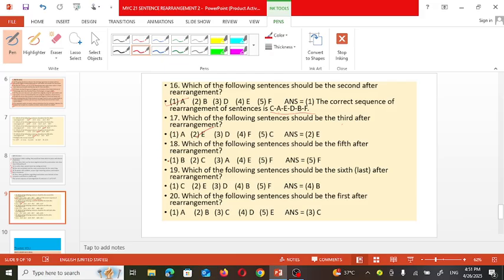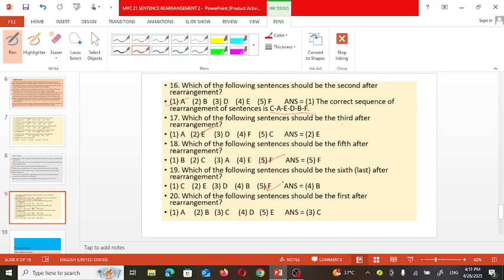For the fifth question, F is the correct answer, because the last in this arrangement was F.